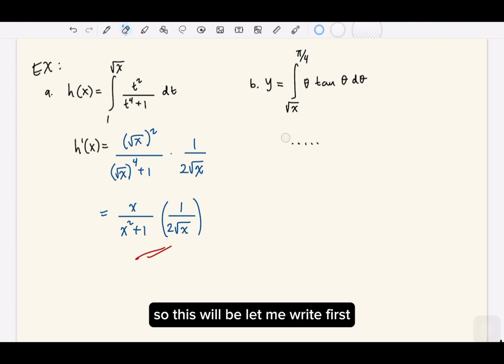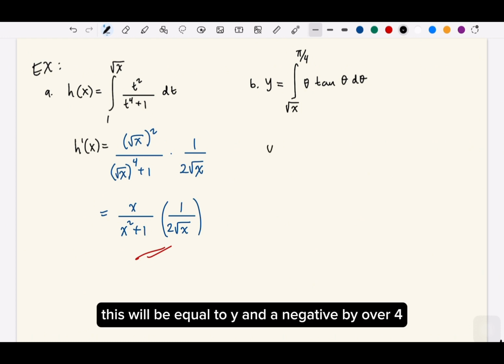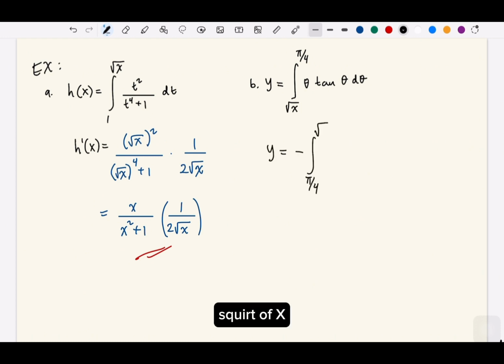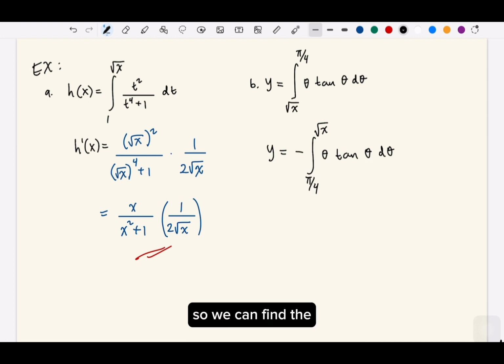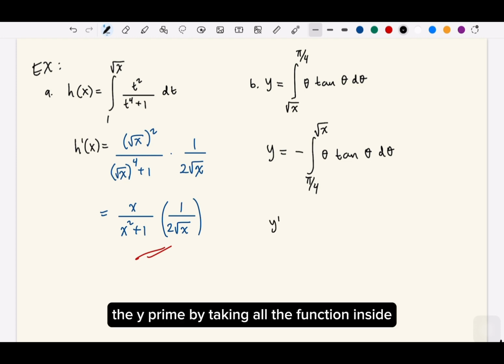So this will be, let me write first. This will be equal to y, and then negative pi over 4 to square root of x. And now we can solve. So we can find the y prime by taking all the function inside.